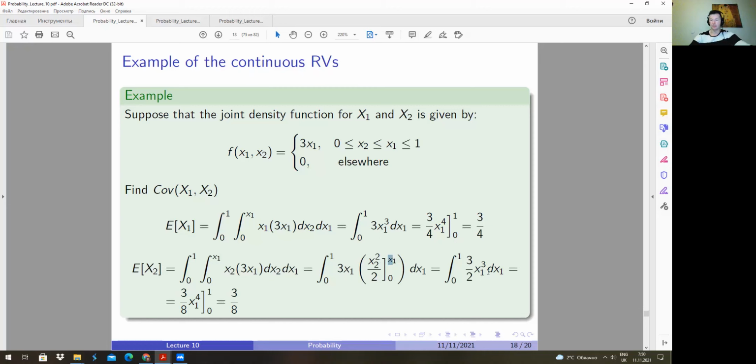Then I integrate this with respect to x1. It's 3 over 8 x1 to the power of 4, and finally it's 3 over 8. So I expect to have 3/4 of the tank in the beginning of the week, and I expect to sell 3/8 during the week.